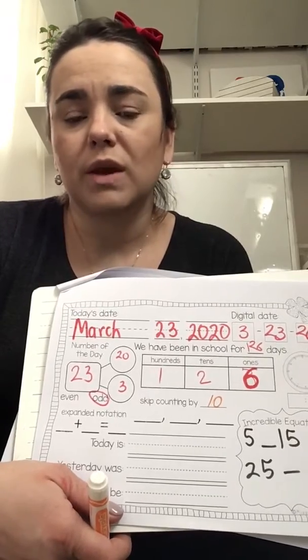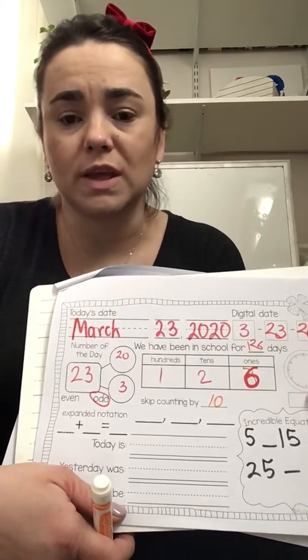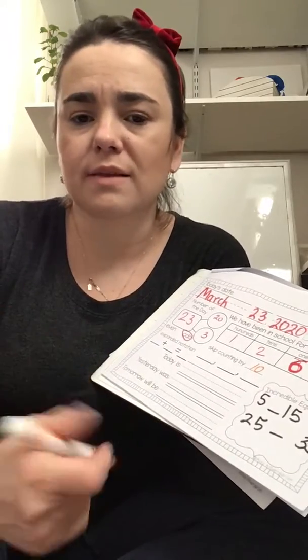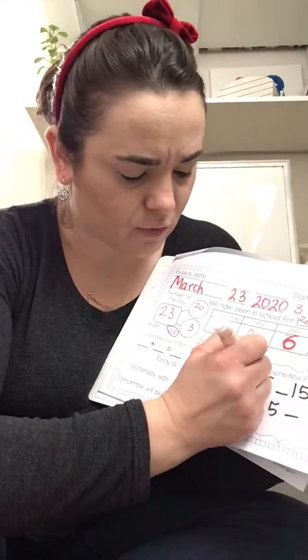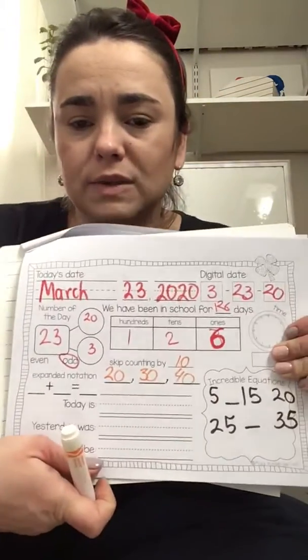So we sing the song 10, 20, 30, 40, 50, 60, and so on. Give me a number, just a number that will have a 0, and I'm going to skip count by 10. So they can say 20. Okay, 20. What's going to be the next one? 30. Okay, and 40. So skip counting.